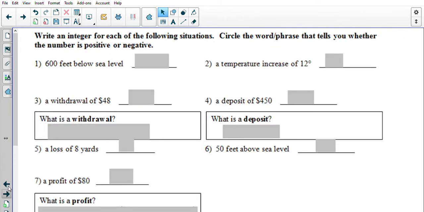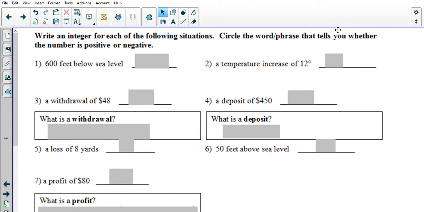The first set of questions we're going to talk about are where we need to write an integer for different situations. It does ask us also in the directions to circle the word or phrase that tells you whether the number is positive or negative. I would say that a lot of these guided notes are things you could probably do on your own. Just make sure you're double checking your answers either through watching the video or looking at the answer key for these guided notes.